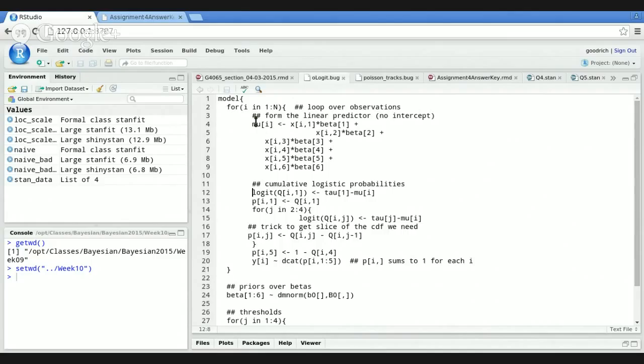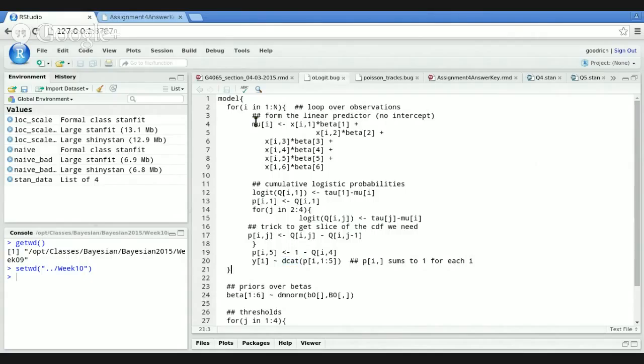And then we're going to stick those into probabilities on 0 to 1, and then loop over the rest of the cut points, do a similar deal in terms of the difference between the cut point and the linear predictor, and then subtracting those to get the probabilities that feed into the likelihood. Here using the categorical likelihood in BUGS to implement this.